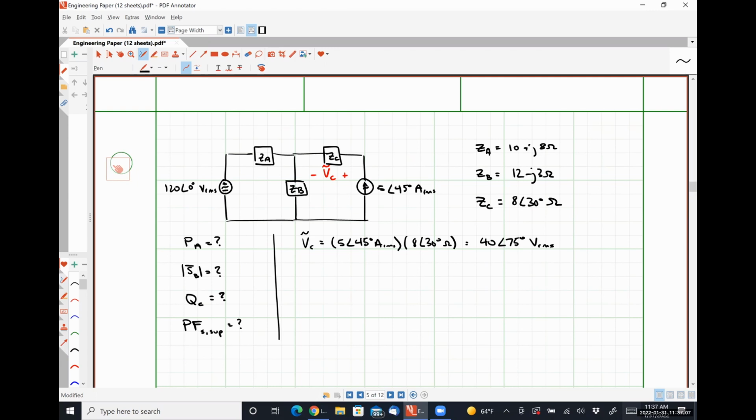So from this, the complex power SC is going to be 40 volts RMS quantity squared divided by 8 angle negative 30 degrees ohms. 160 over 8 is 20, right?